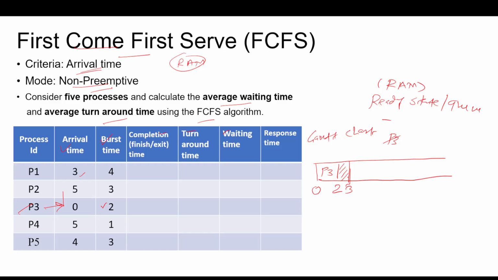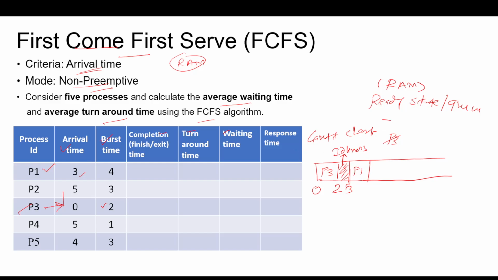That is why the CPU will be in idle mode. The CPU will not do anything, so that is nothing but the idleness of the CPU. Now, during the idleness, P1 is the new process that arrived, so we will execute P1 now.